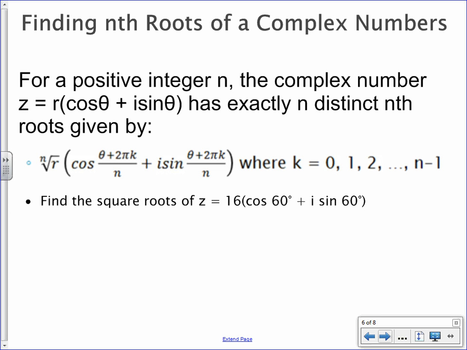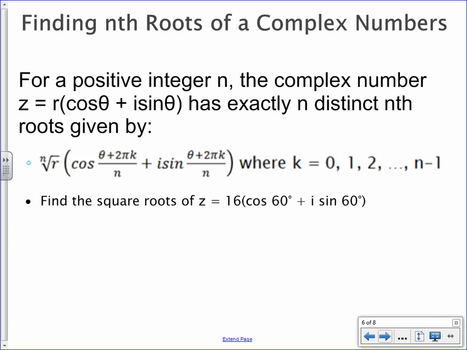Now, let's talk about what's happening here. Whatever your r is in your trig number, you're just going to take the root of that here. Then for your angle, theta is whatever your original angle is.